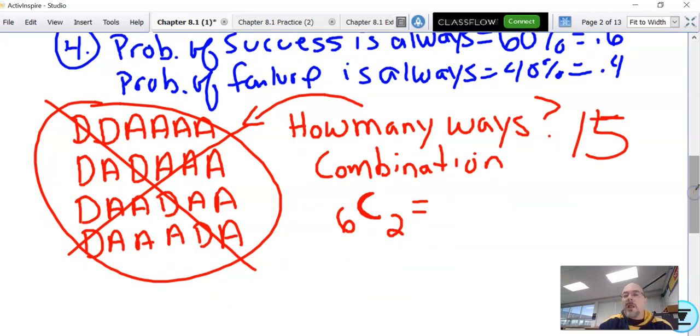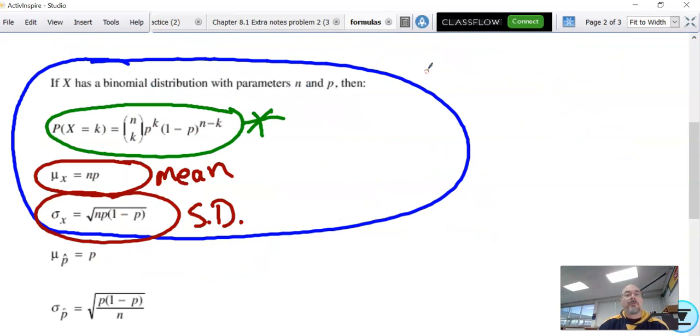Now, I want to show you this notation, because you're going to see this on the formula chart, which I'll show you in a little bit. The notation that they use for a combination on the formula chart uses parentheses like that, and then the 6 goes on the top, and the 2 or whatever you're going to put is on the bottom. Actually, let me pull that in and show that to you right now.